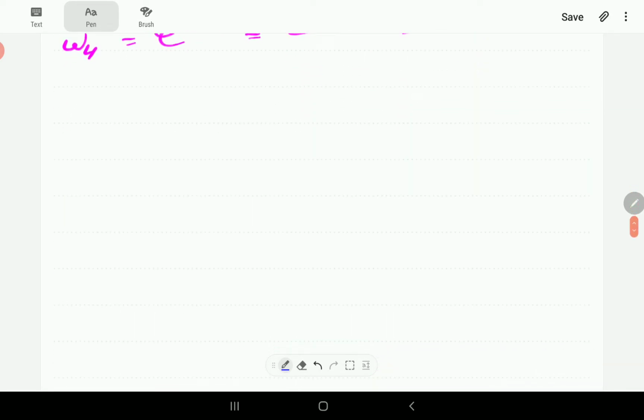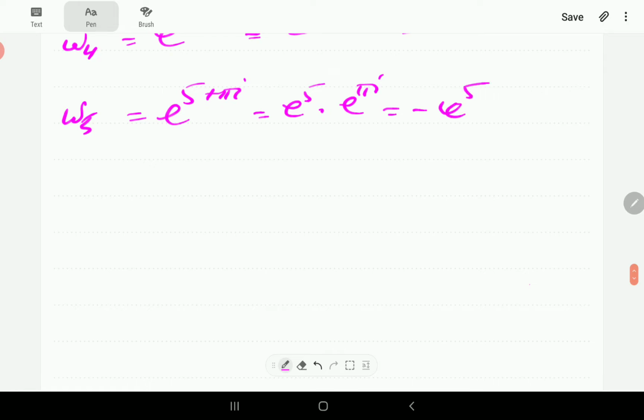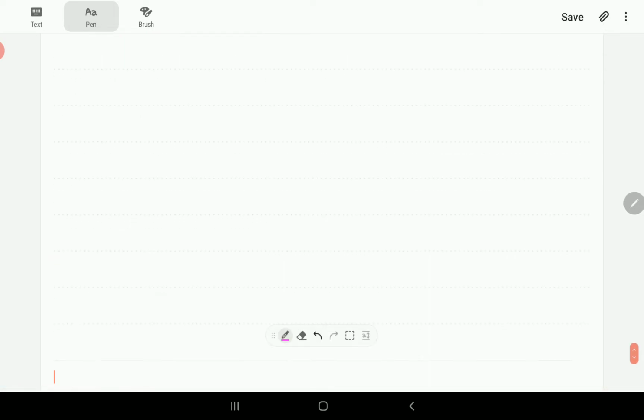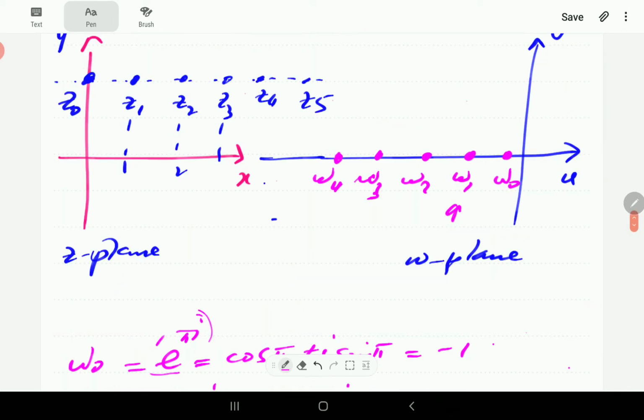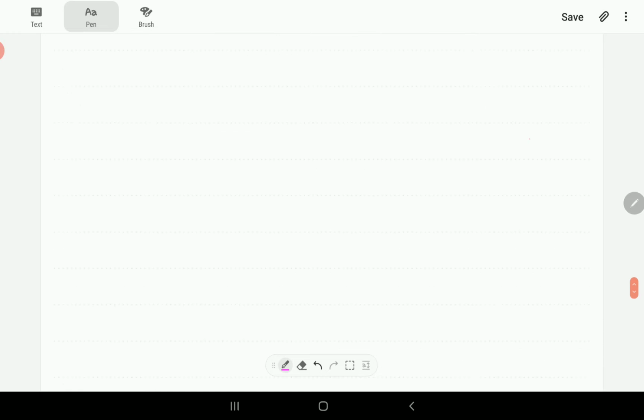The final one is going to be w5. So w5 is going to be e to the power 5 plus pi i, e to the power 5 times e to the power pi i, so it's going to be negative e to the power 5. And so that one is going to be located further along here, w5.